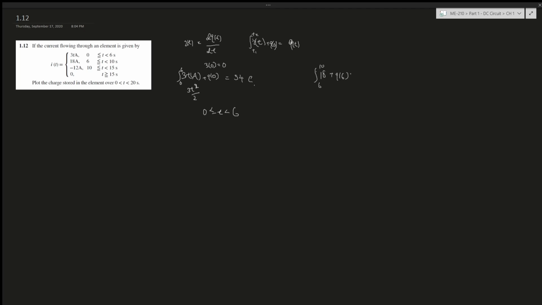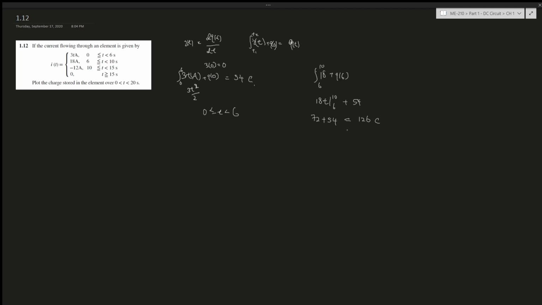So the integral would be 18t from 6 to 10 plus 54. 10 minus 6 is 4, and 4 times 18 is 72, plus 54 gives us 126 coulombs.